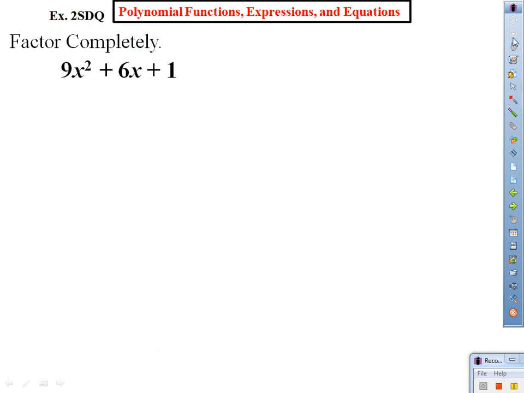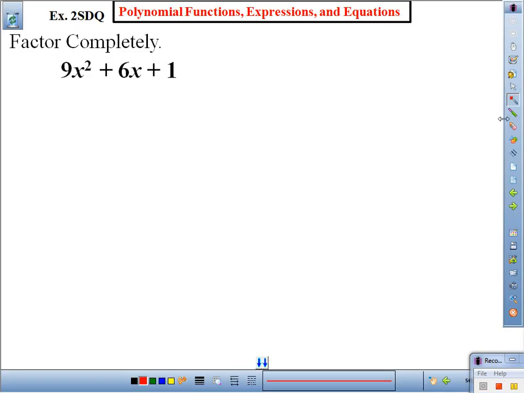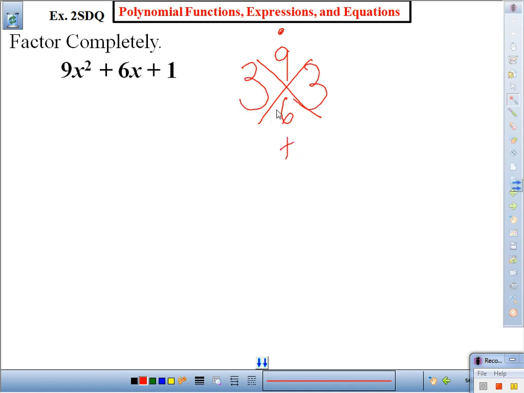Don't copy this one. Look up, please. Let's see if we got the process. Step 1, standard form. Step 2, GCF. Is there another GCF without 1 being 1? No. Factor. What goes on top? Down, 6, product, sum, 3 and 3. 9x squared plus 3x plus 3x plus 1.